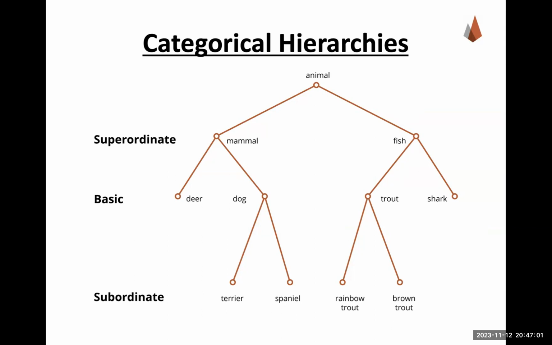Rosch in 1976 showed subjects pictures and asked them to provide the first name that came to mind. They found that out of 1,595 names, most were at the basic level, with 14 more specific names, subordinates. Only once did anyone use a more general name, a superordinate.